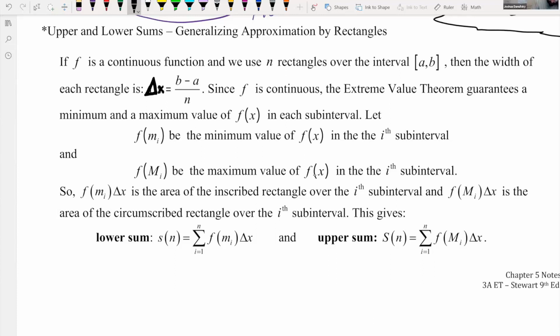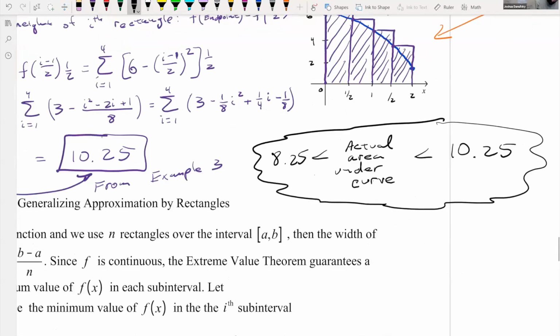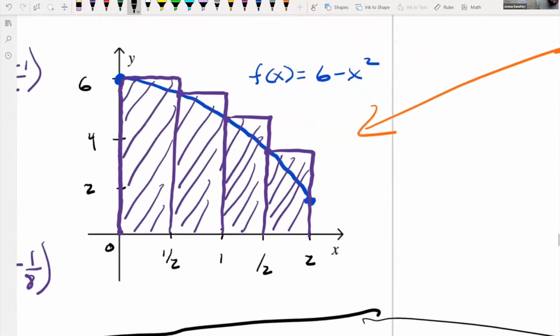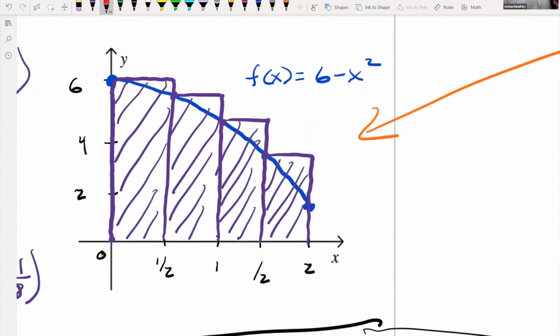Since f is continuous, we have the extreme value theorem, which says we have a maximum and a minimum on each one of those intervals. Let me just quickly show you how we have that here. If we look at the second interval, this is the max on that second interval, and this is the min on that second interval. On every one of these subintervals, we always have a max and a min.